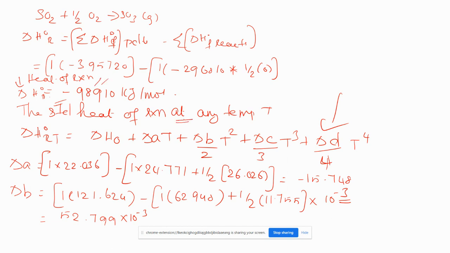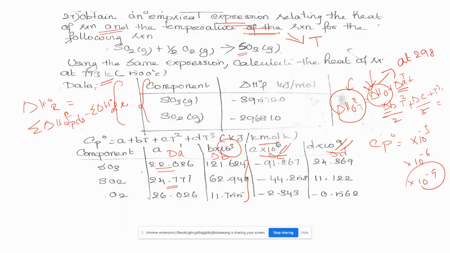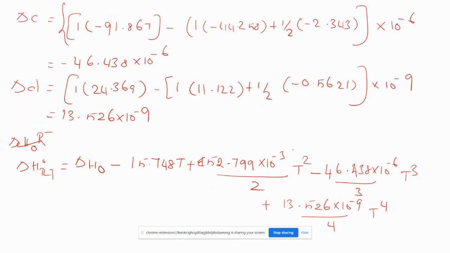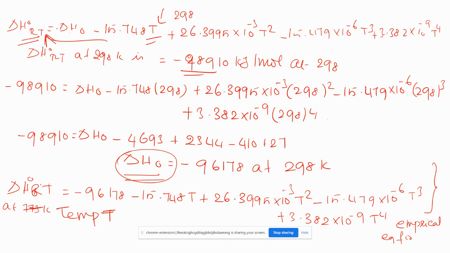For finding the empirical expression, the standard heat of reaction at any temperature T is given as del H0 RT equal to del H0 plus del A plus del B. By using this data, we have found del A, del B, del C, del D, and remember all this will be coming in negative sign. Now we have substituted the values, and after solving all this, you will get an expression like this.